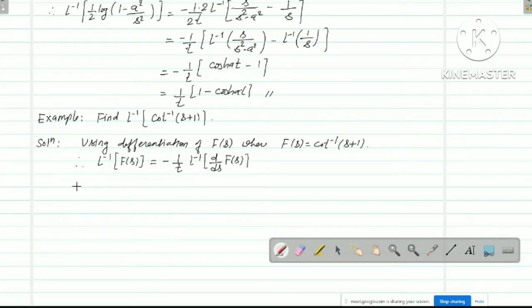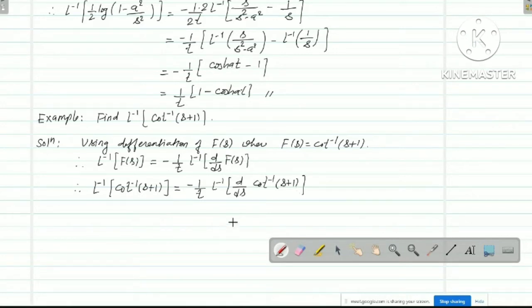Now substitute the function f of s. F of s is cot inverse of s plus 1. So this is equal to negative of 1 by t, L inverse of d by ds of cot inverse of s plus 1. Now just differentiate this.